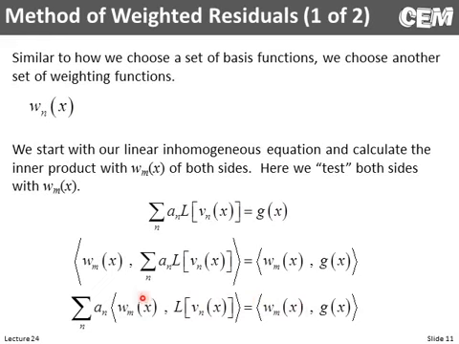So what we fundamentally see, we have the summation of a weight times an inner product. And what are we comparing in our inner product here? This new set of basis functions compared to our old set of basis functions with that linear operation performed on them. And on the right side, we're just comparing our new set of basis functions to our excitation. So this is the method of weighted residuals.